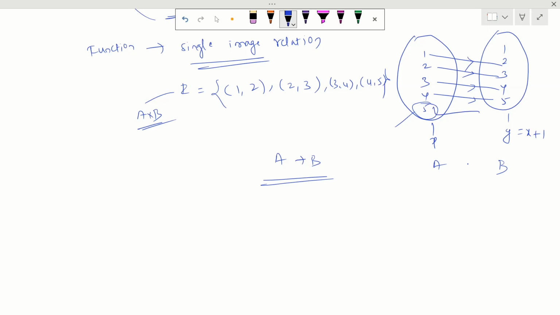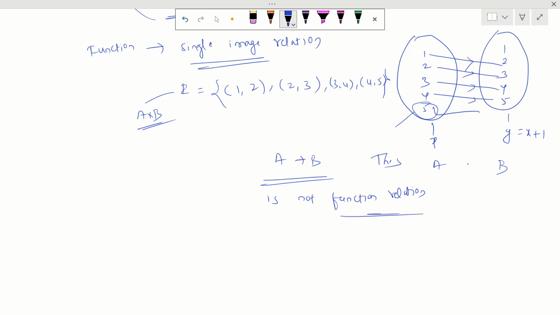Therefore we can say this is not a function relation. Why is it not a function relation? Because 5 has no relation.